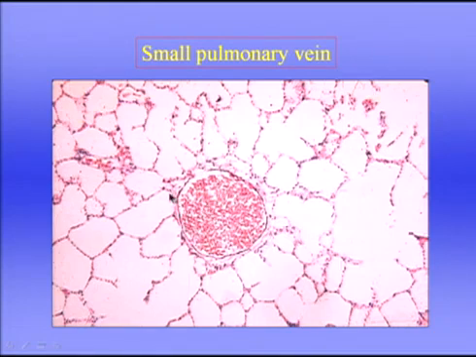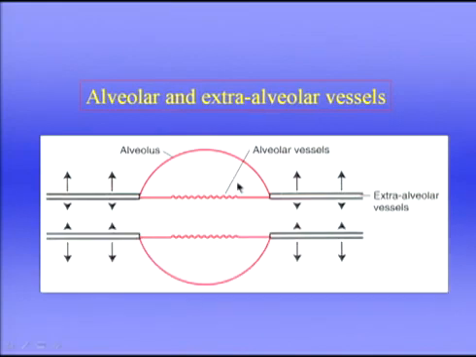But in fact, that is not the case, because the alveolar walls are under tension and they're pulling on this small pulmonary vein, so it turns out that the pressure around the small pulmonary veins and small pulmonary arteries is rather less than alveolar pressure. And we often divide the blood vessels in the lung into alveolar vessels, which are mainly the capillaries here, exposed to alveolar pressure, and what are rather unimaginably called the extra alveolar vessels, those not exposed to alveolar pressure.